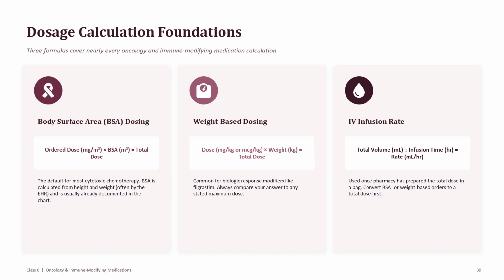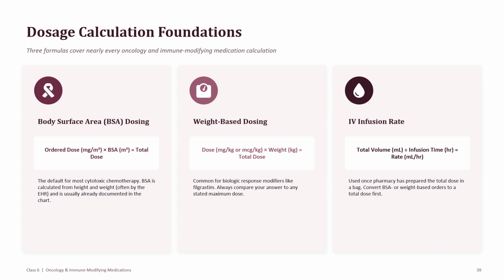It's dose per kilogram times the patient's weight. But the habit I want you to build here is to always do a sanity check of your answer against the stated maximum dose. A calculation can be correct, but still be clinically wrong if it blows past a safety ceiling.